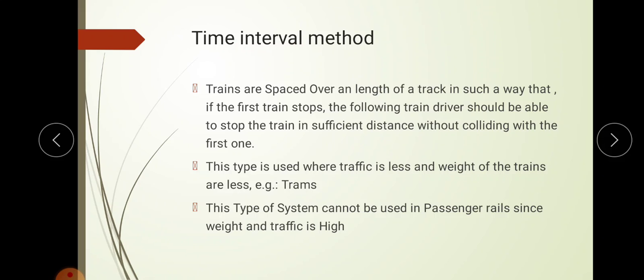In these situations we adopt the time interval method of signaling. This type of system cannot be used in passenger rail since the weight and traffic is very high. If traffic density is very low, the time interval method is used. This is one of the ancient methods of signaling.